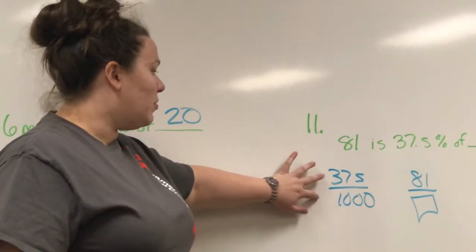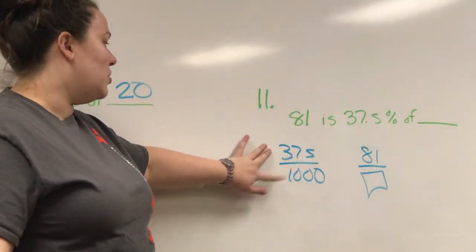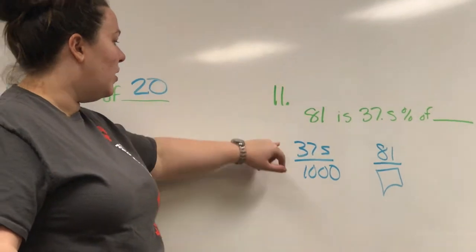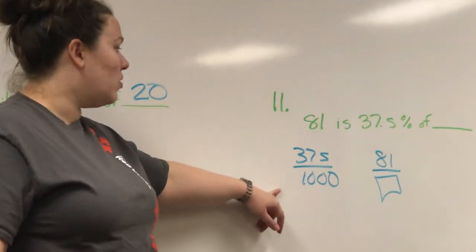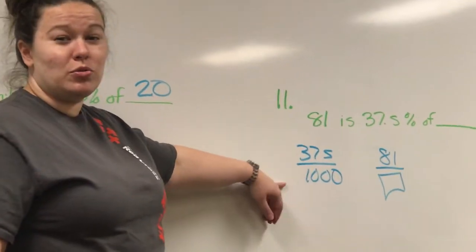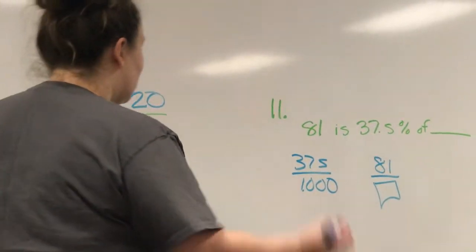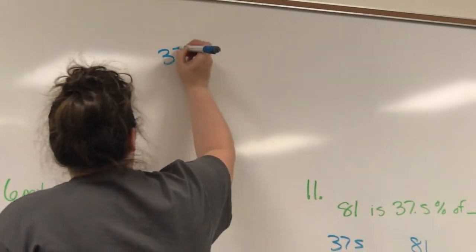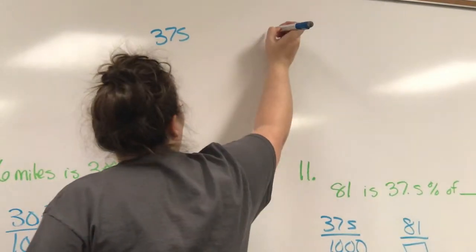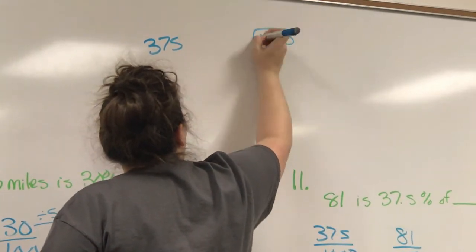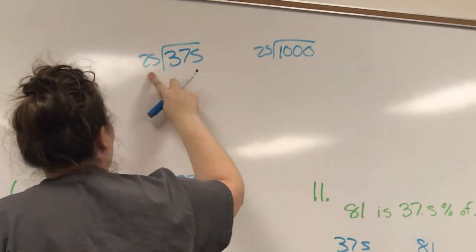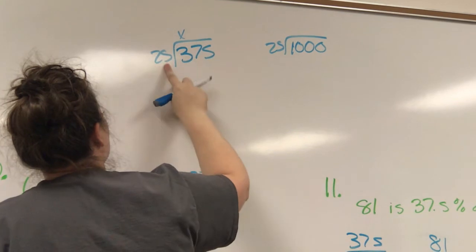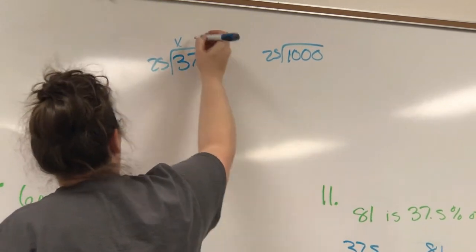So I'm going to have to reduce this. I know that 5 can go into both of these. I know that 25 can go into both of these. So I'm going to reduce both of these by 25. 1,000 divided by 25. 25 cannot fit into 3. 25 can fit into that one time.